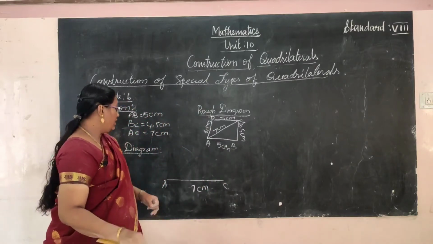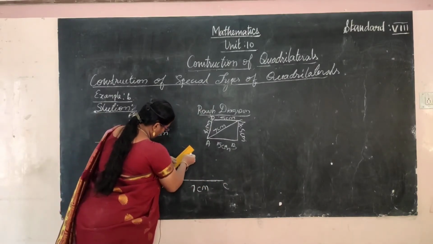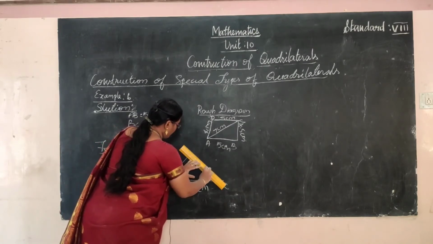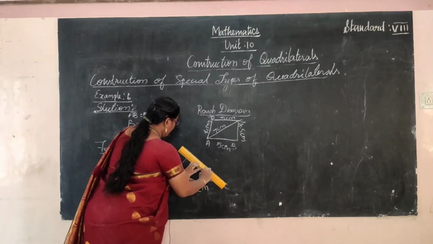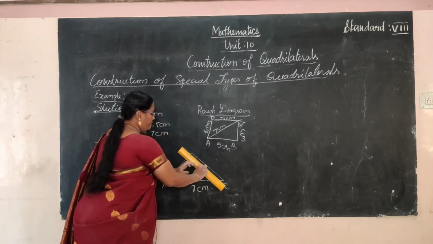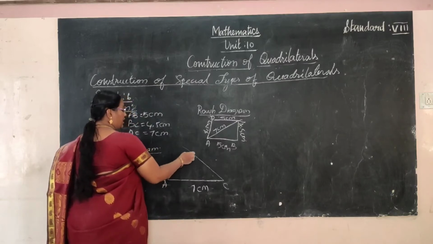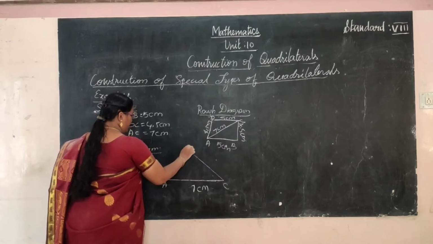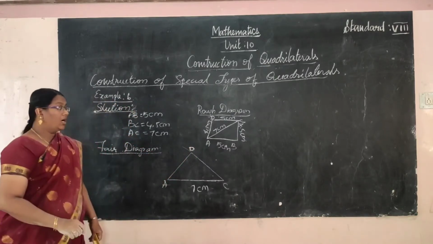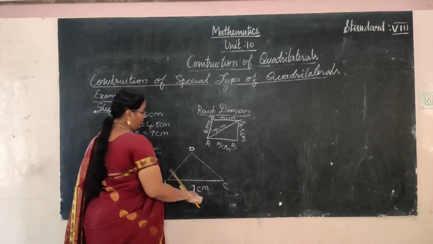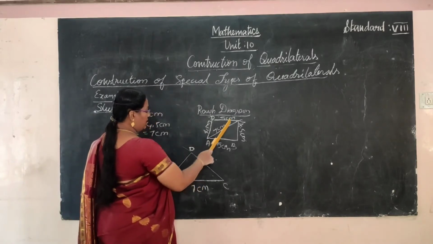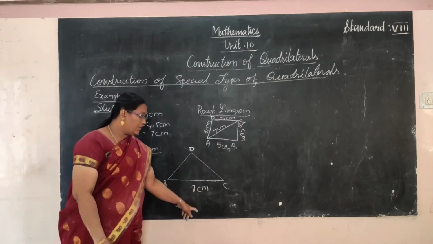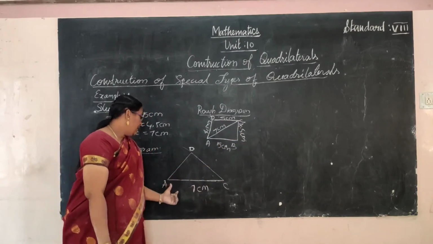Okay, now join these arcs from A to C, intersecting the arcs at D. Now draw the other side of the line AC.